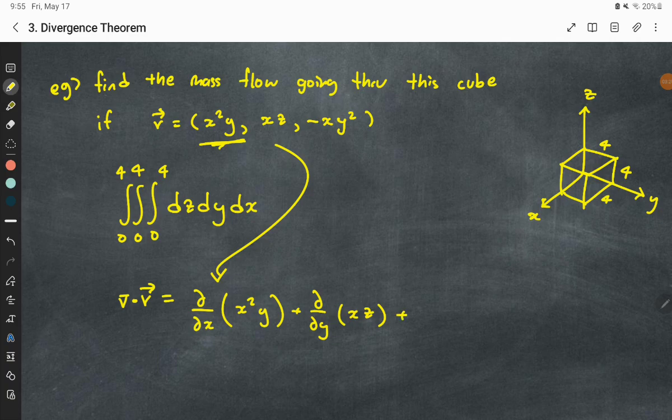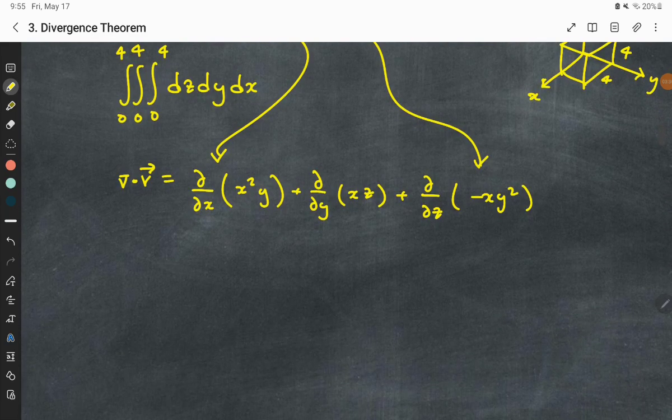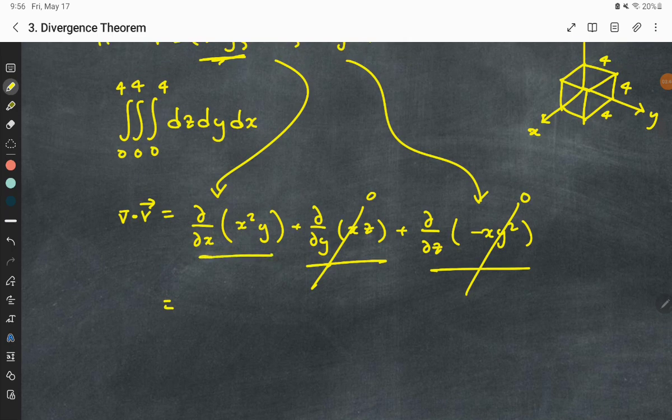It's different in different coordinate systems, but in this case we're working with Cartesian. The third component we would differentiate with respect to z. There aren't any y terms in here, there aren't any z terms in here, so both of these zero out. This term, however, has an x term, so differentiating with respect to x, we get 2xy, and that is the divergence of our vector field.